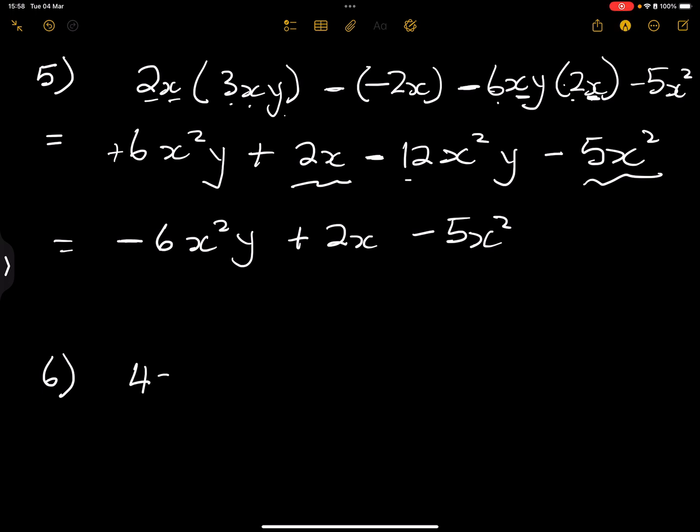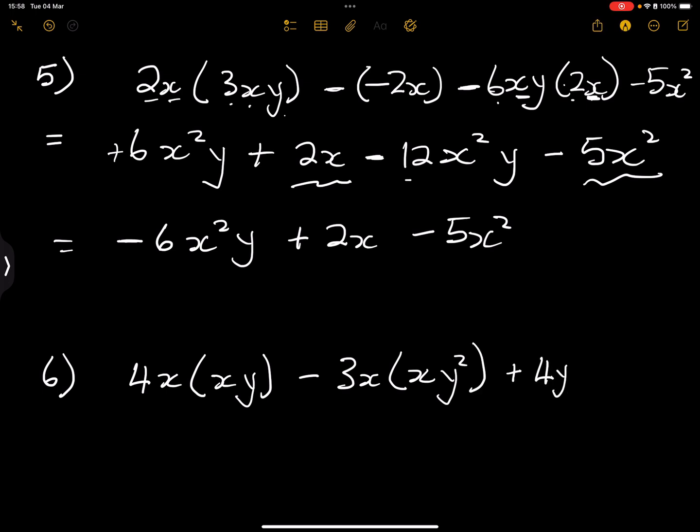So let's take this one: x times y minus 3x into x y squared plus 4y into negative 3xy. Please give me the final answer to that and let me know what it is.